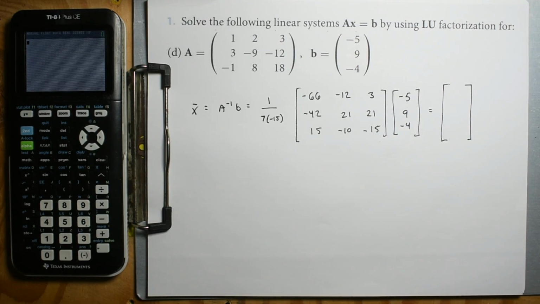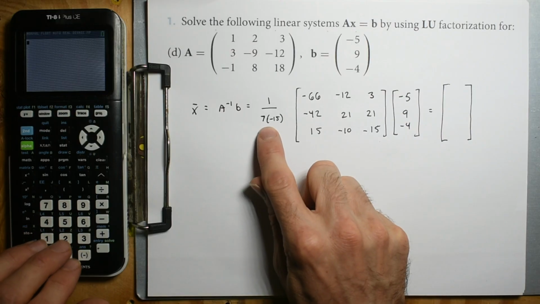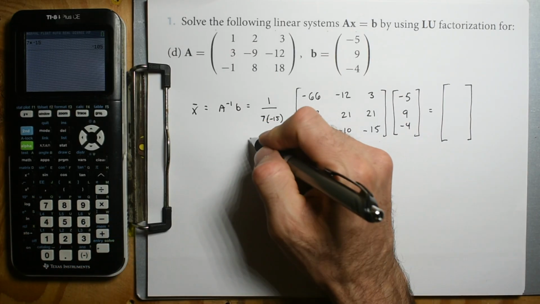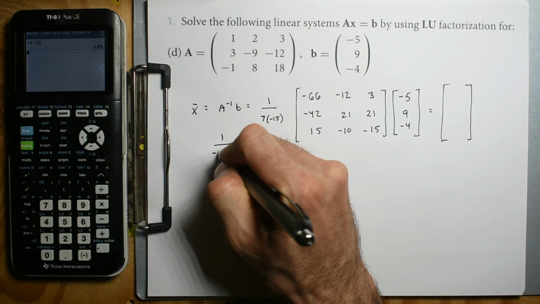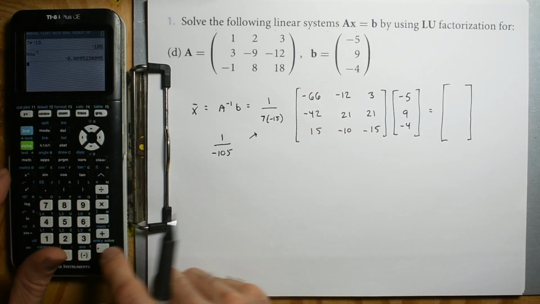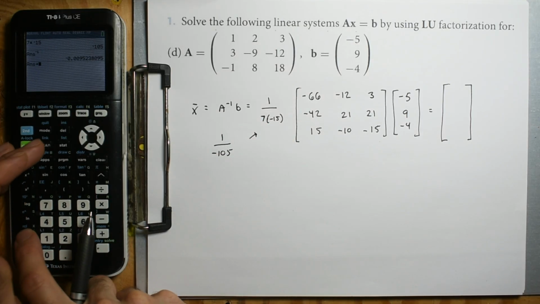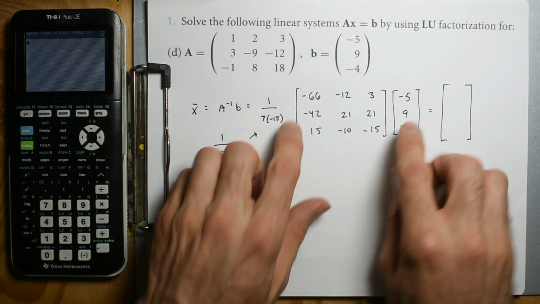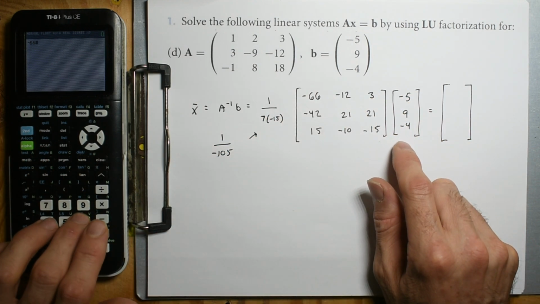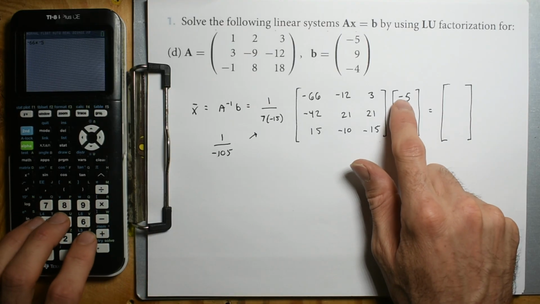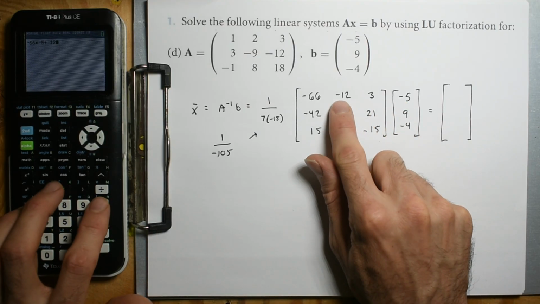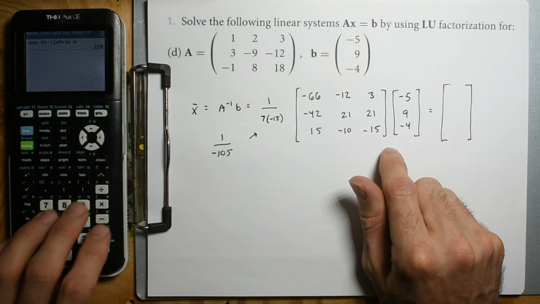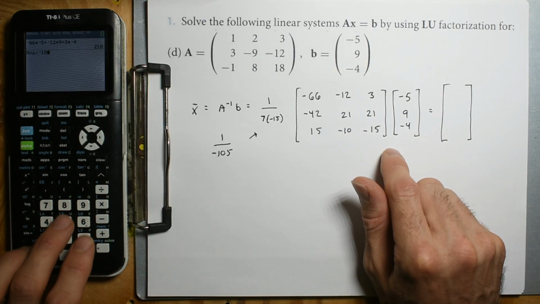Alright, hell yeah. We're just going to do this all in one go. This is negative 105, so this scalar is 1 divided by negative 105. I'm going to take the inverse of negative 105 and store that in my calculator as x. We might use that. So we're going to get these values: negative 66 times negative 5 plus negative 12 times 9 plus 3 times negative 4, divided by negative 105.